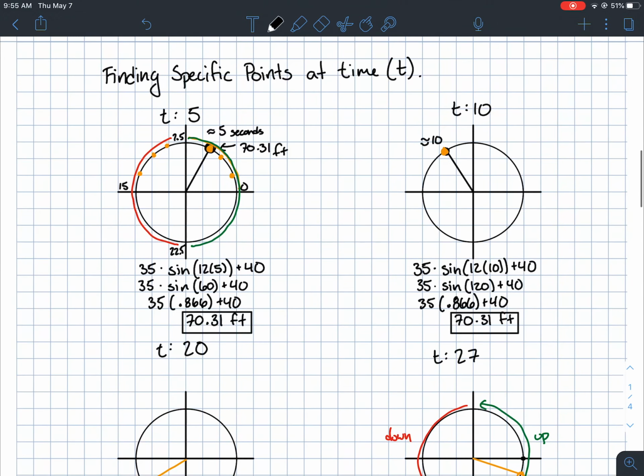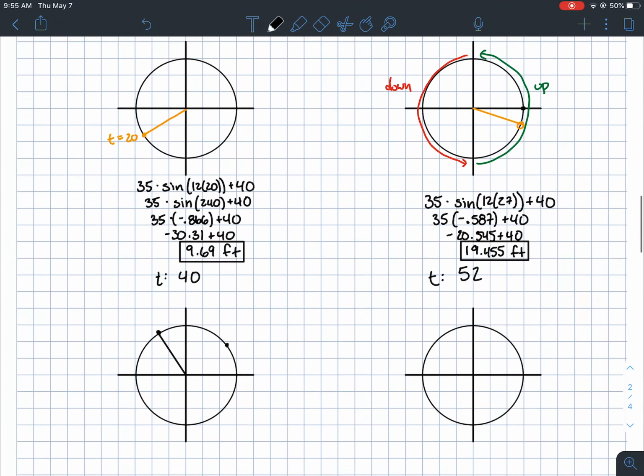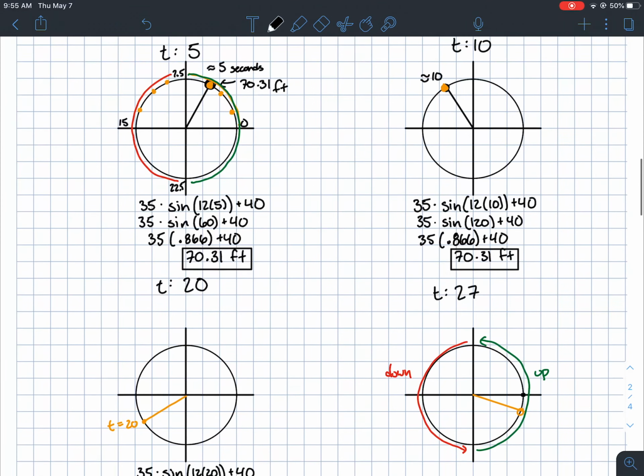And if we look, we had already done 10 seconds. It's going to be about right here. So that's 10 seconds past our first rotation of 30, which is the same thing as right up here.